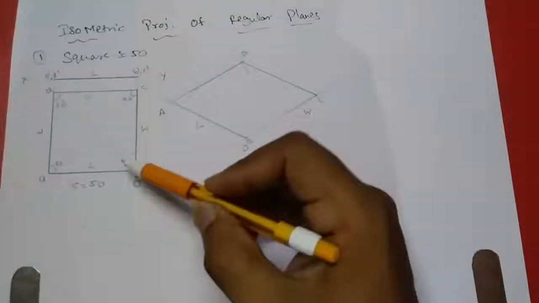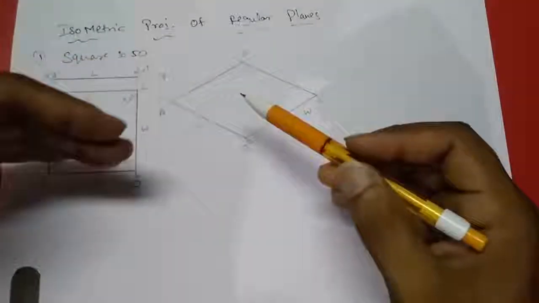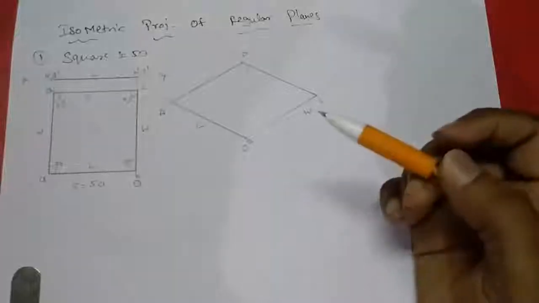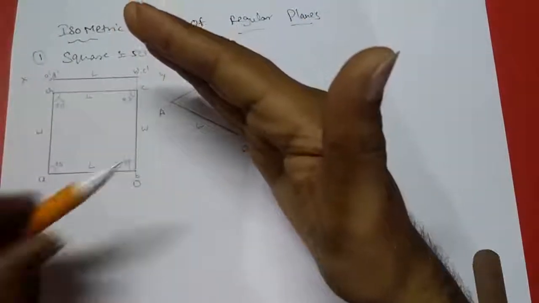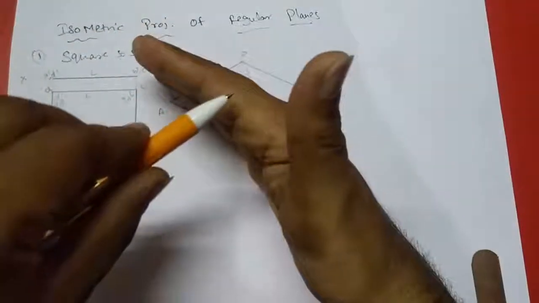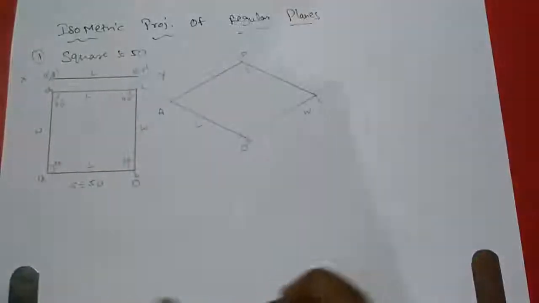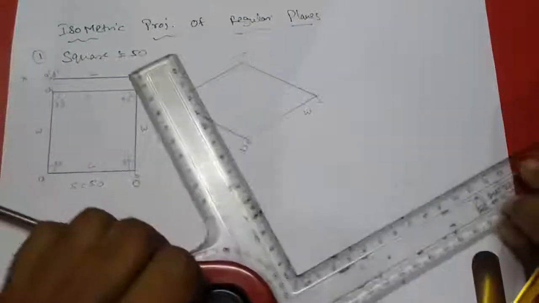If I take this plane perpendicular to HP, it means our plane is lying on VP. So this plane would be in standing position. This would be your front view and this would be your top view. So the top view is a line, front view is a square. I'll draw that over here.